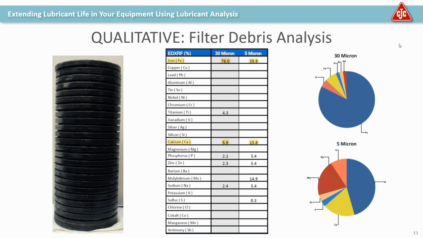My first thought, and from experience of what I see, it's degradation of the lubricant. Most of the time, the characteristics you'll see first are an increase in acid number and an increase in viscosity.